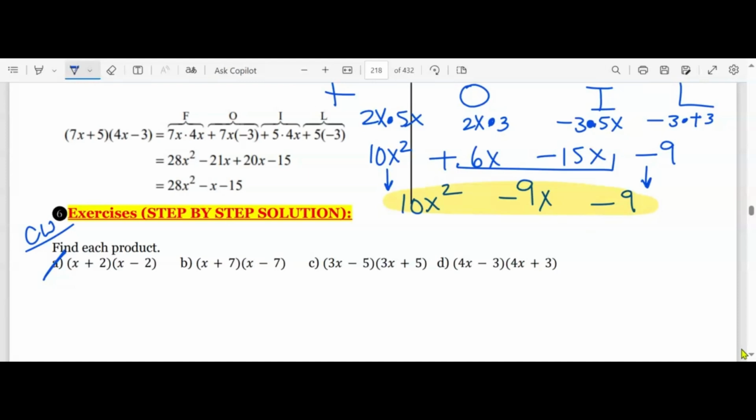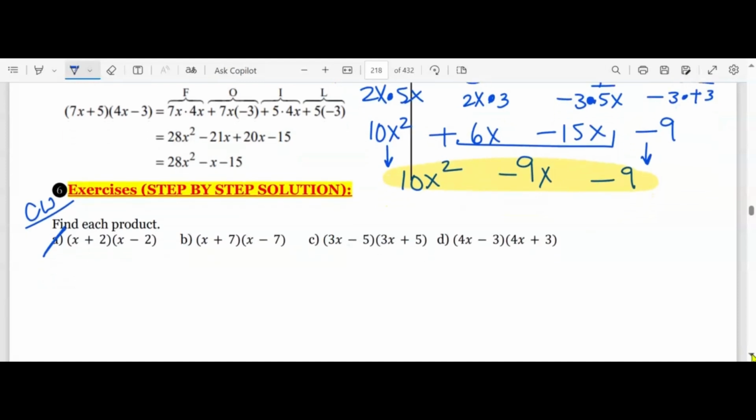Minus 2x. Now, it's the same terms, but different sign. So which formula are we going to use? What is the best one? According to the formula, go up, you will see the formula there.